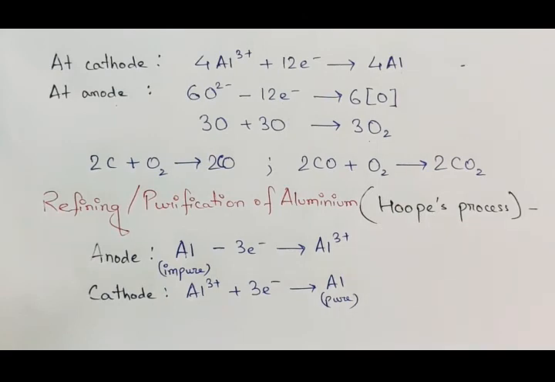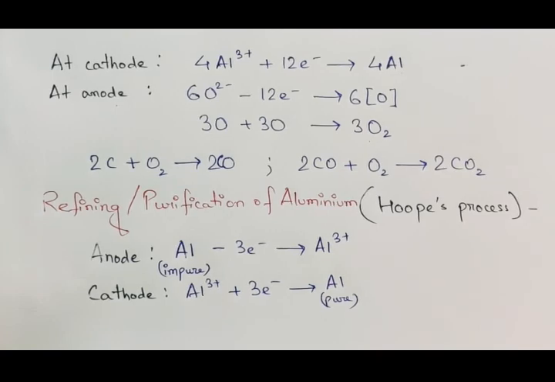Clear? So this is the method of how pure aluminium metal is extracted from the ore, that is bauxite, or from the different combinations of ores like cryolite, alumina and fluorspar. Clear?